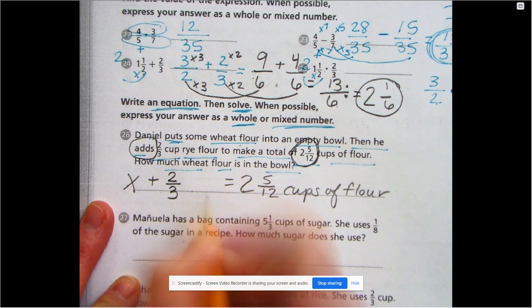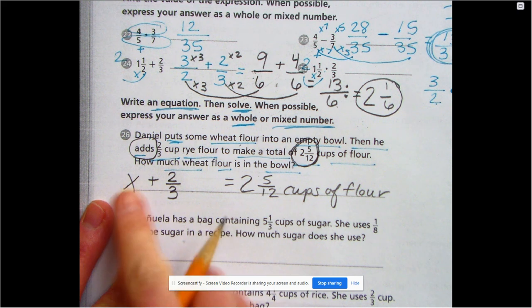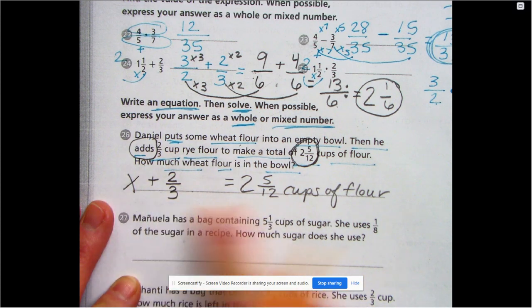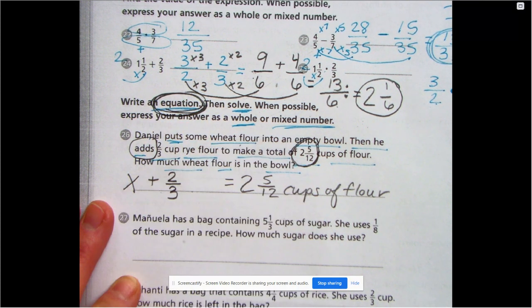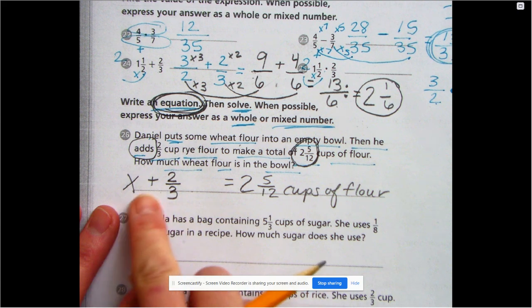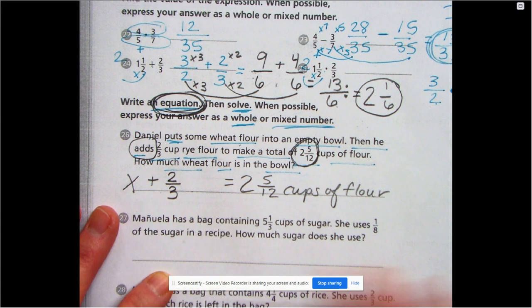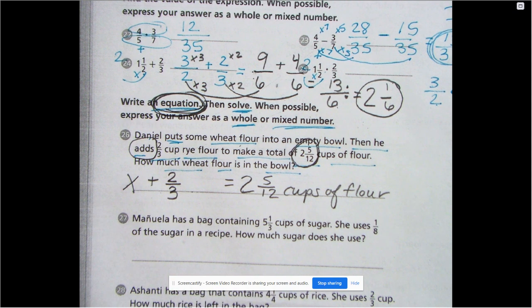How much rye flour? 2/3. My job is to find out how much wheat flour. So here is my number sentence. That's my expression that they told me to write. Now I need to go ahead and solve. So I know that I can subtract these to get this answer. You're going to go ahead and do the work here and figure out what X is for me.